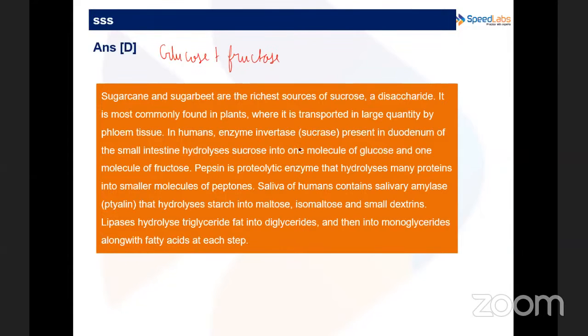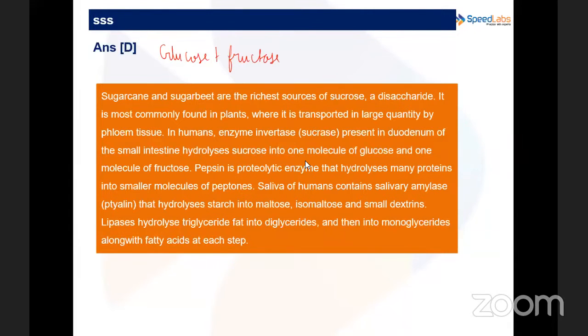So sugarcane is a rich source of sucrose. It is found in plants and transported in large quantity by phloem tissue. In humans, how is sucrose digested?